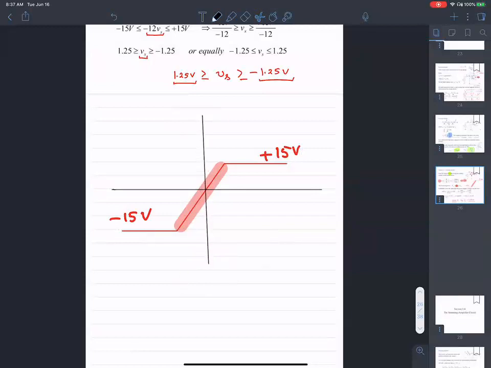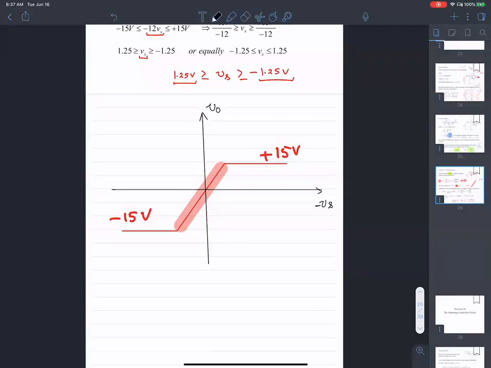When I'm doing that, the x-axis represents the Vs, the input voltage, and the y-axis represents the V output. Let's say this guy represents the negative Vs.